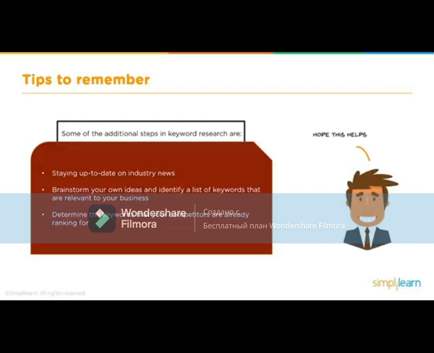So some additional steps. Remember, stay up to date on industry news. So brainstorm your ideas first and identify a list of keywords, i.e. a theme of keywords that you can cluster together. And then you can determine the keywords that your competitors are already ranking for. So, for example, if we want to rank for the keyword SEO best practices, we can use a tool called Moz Keyword Explorer.